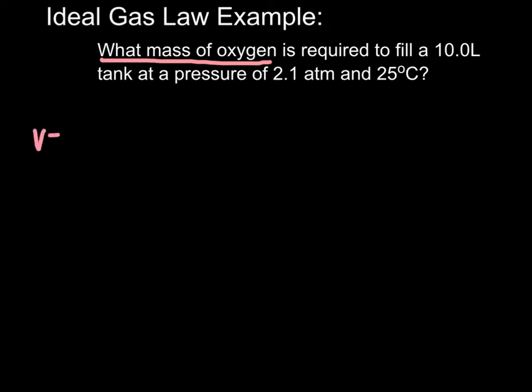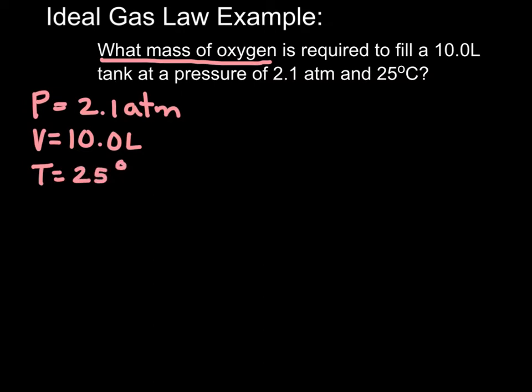So there's a volume for us, 10.0 liters, at a pressure of 2.1 atmospheres and a temperature of 25 degrees Celsius. So here's how you know this is an ideal gas law problem: we're talking about mass, which means we need to get moles, and nothing's changing. We don't have two measurements of volume or pressure or temperature here. It's just a snapshot.